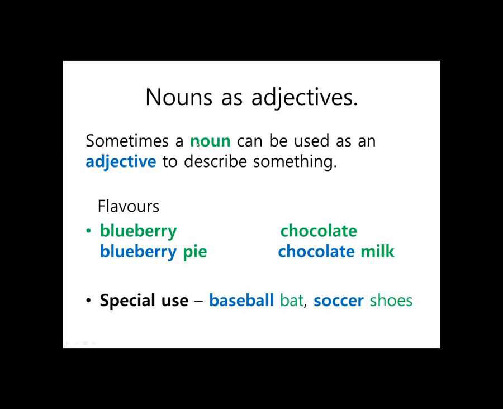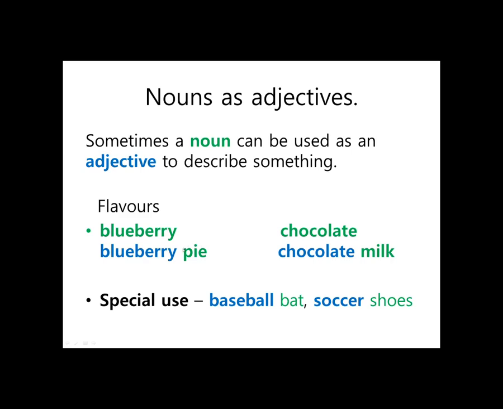Okay, and sometimes nouns can act as adjectives. We can sometimes use a noun as an adjective. So, flavors, we often use nouns as adjectives. So, blueberry is a noun. Blueberry is a thing, but we can use it to describe something.